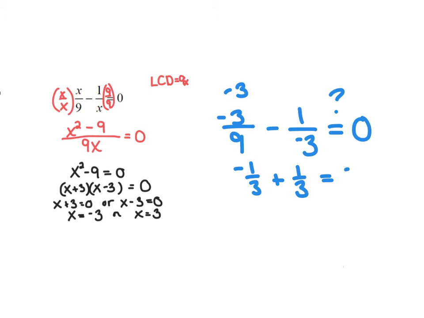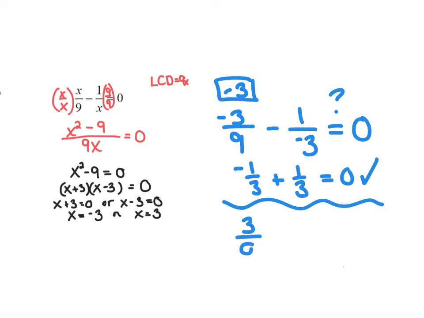Yep, that equals 0. So negative 3 is a solution. I'm going to check positive 3. So this would be 3 over 9 minus 1 over 3. Does that equal 0? Well, that would produce 1/3 minus 1/3, and that satisfies. So my two solutions are x equals negative 3 and x equals positive 3.